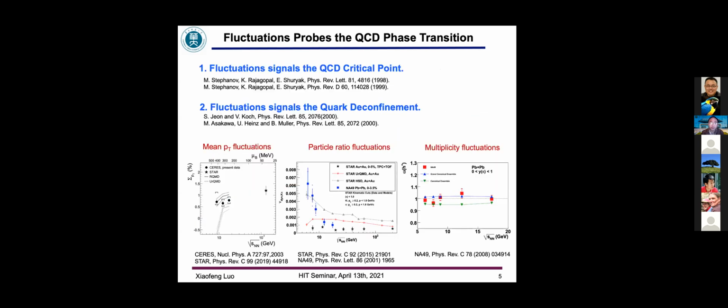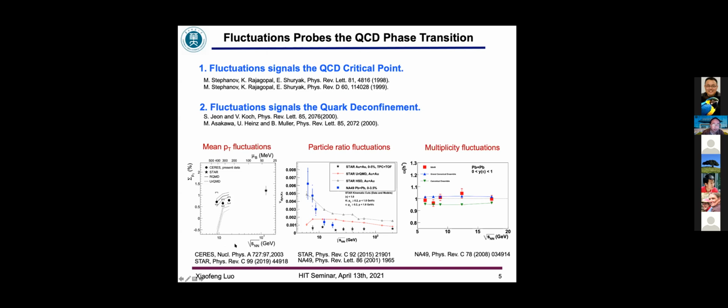From the experimental side, in heavy-ion collision experiments, people are also trying to pin down the location of the critical point. Especially from the theoretical side, they have developed a set of sensitive observables, many focusing on fluctuations.